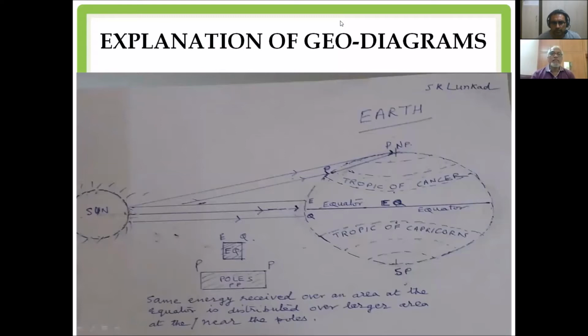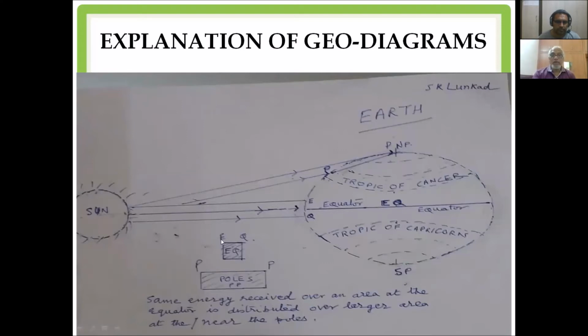Due to that, the sun's rays, which fall straight in the equatorial zone, fall oblique, or at an angle, at the poles, and the same energy which is received by a certain area at the equator is distributed over a larger area.